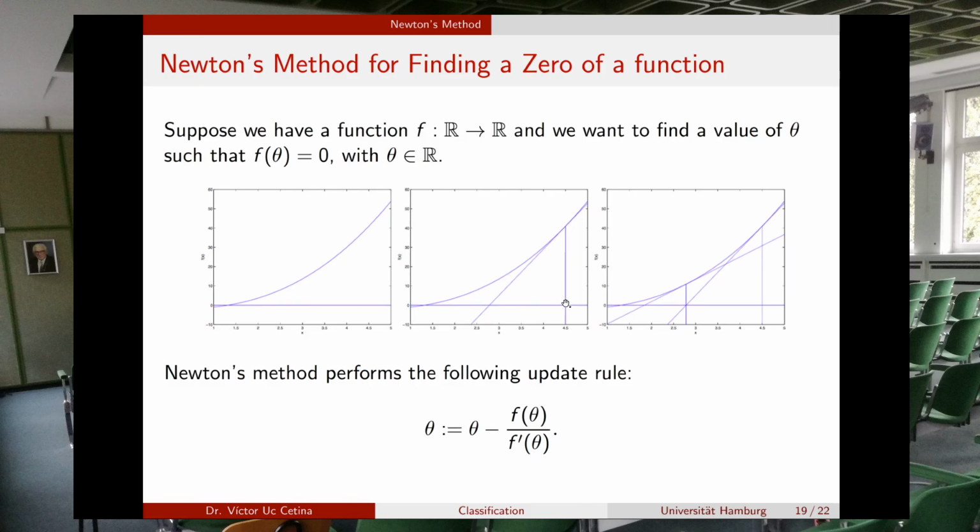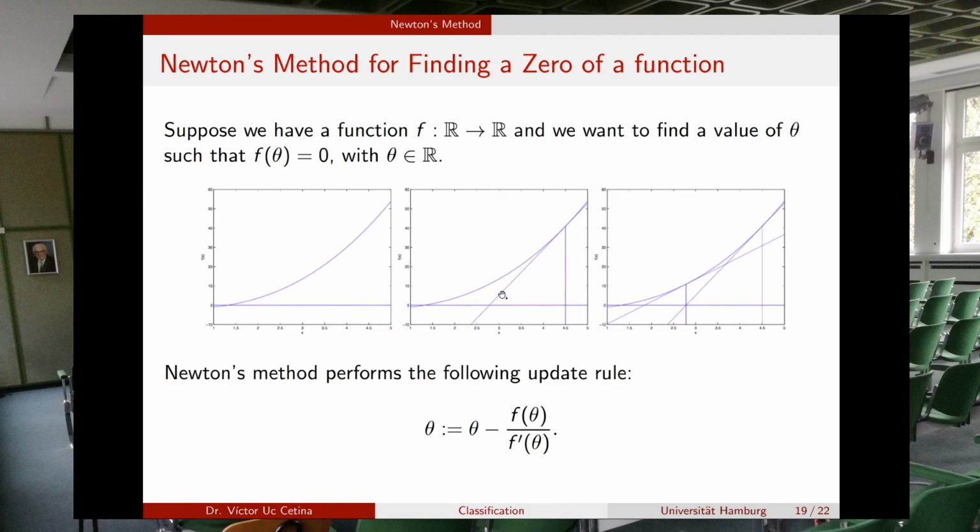And we want to know how long this side of the triangle is, so we can subtract it from the original theta to move to the next value of theta. We don't know this, but we can find a relationship that will allow us to compute it.